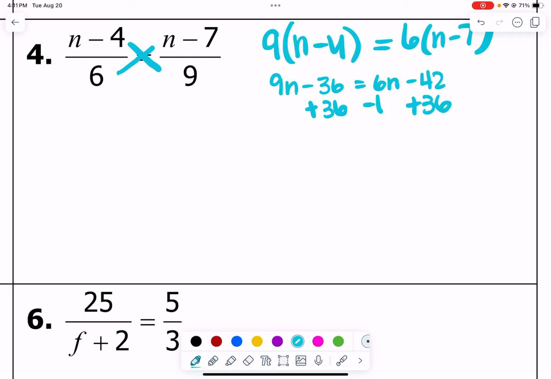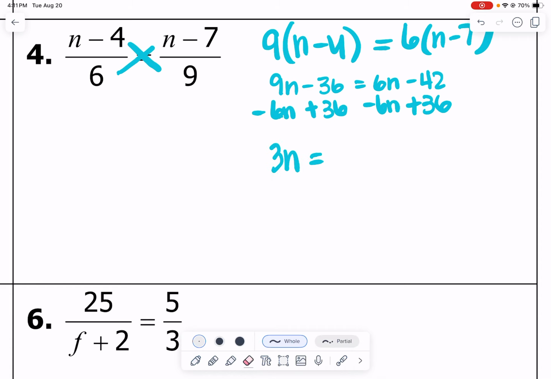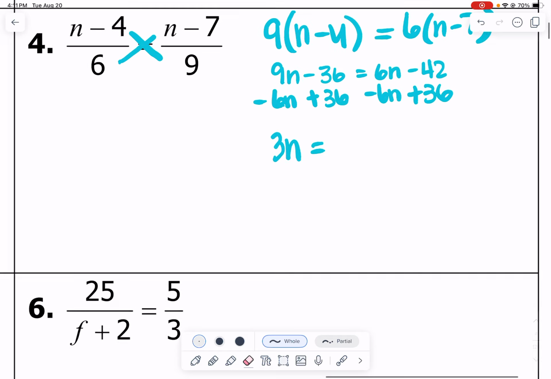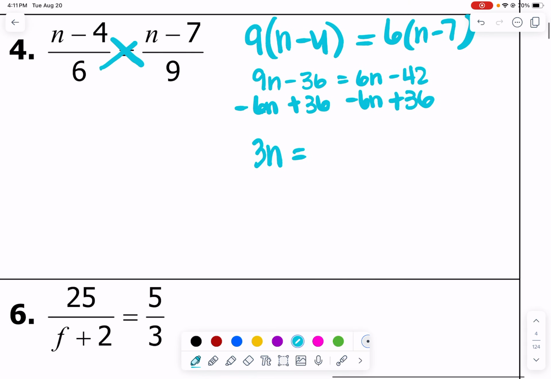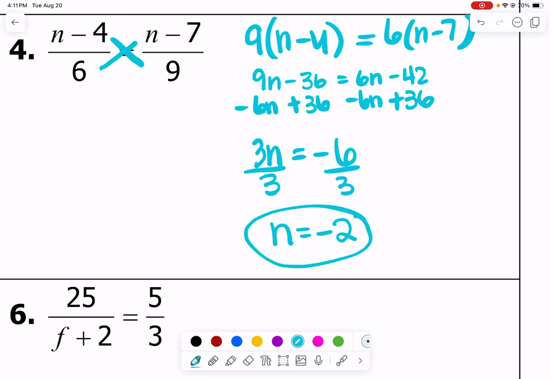And I'm also going to subtract 6n on both sides. You do not have to do that in one step. You can do it in 2 if you need to. We will get 3n equals negative 6. Divide both sides by 3. N equals negative 2 is our answer.